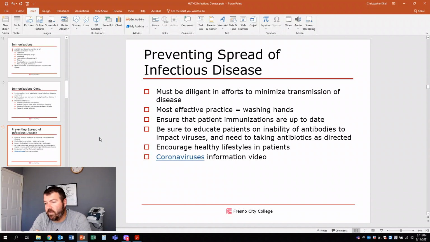Being a male, in the bathrooms, people go do their business and then leave without washing their hands. Disgusting. Hopefully a lot of that has been minimized. I don't know, I haven't really been out in public a ton to see any big change. But hopefully a lot of people are washing their hands after touching something infectious, or when their hands are dirty, or handling objects, whatever it is.